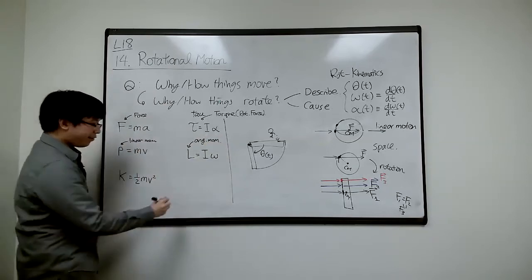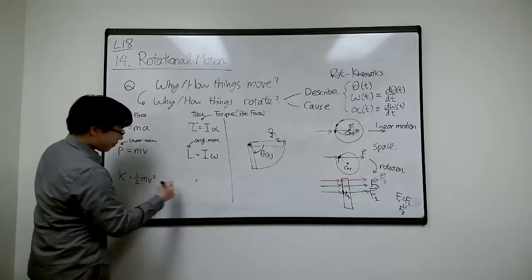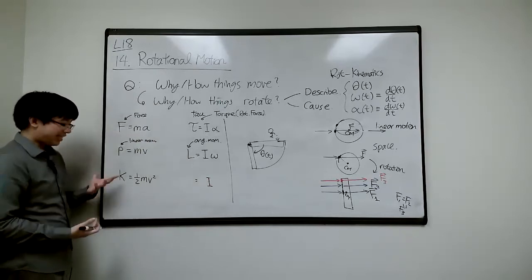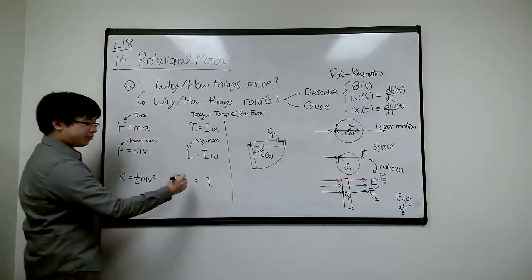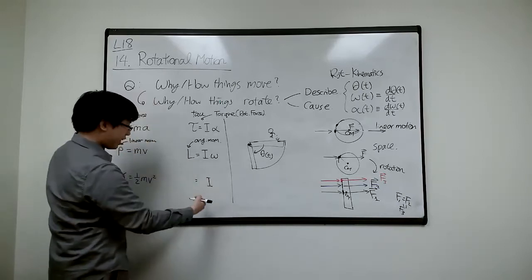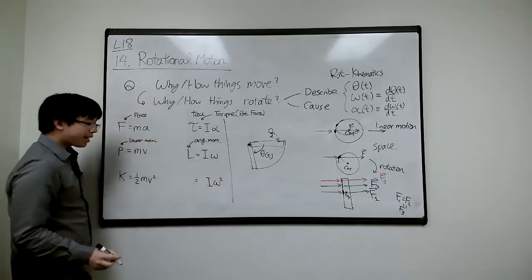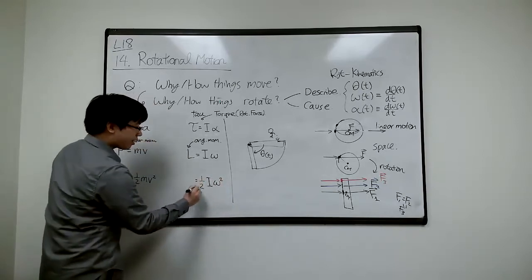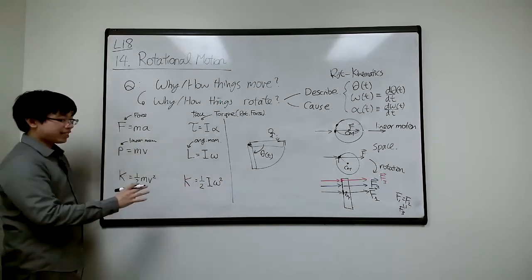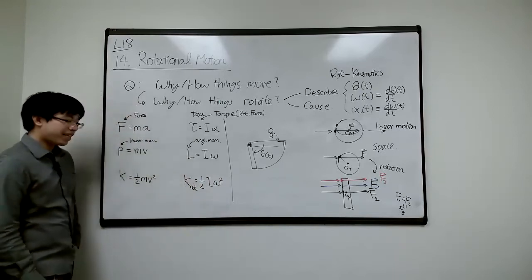And finally, for the last one, you can almost guess as well: the mass is going to be replaced by I. So this time I want a rotational kinetic energy. This is a linear kinetic energy and the rotational one. So the M is going to be translated into I. The V is going to translate into the omega. 1/2 is still going to be there. And that's the rotational kinetic energy. And really physicists are getting out of ideas. So we don't even have a special symbol for the rotational kinetic energy.